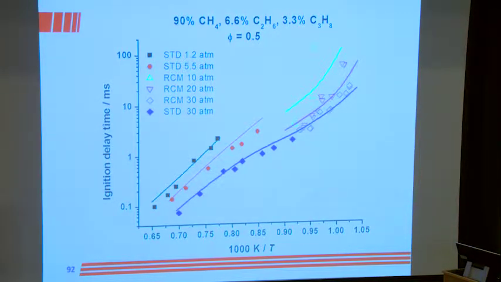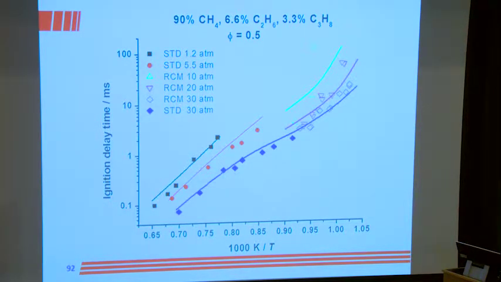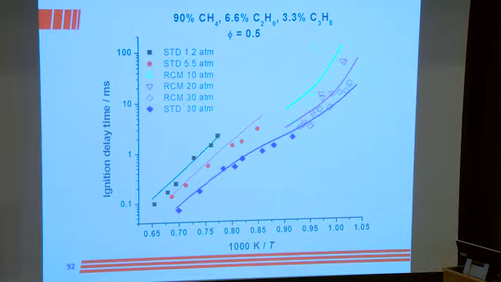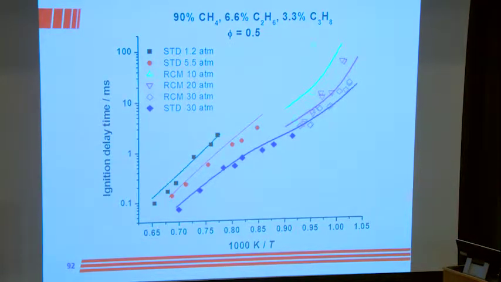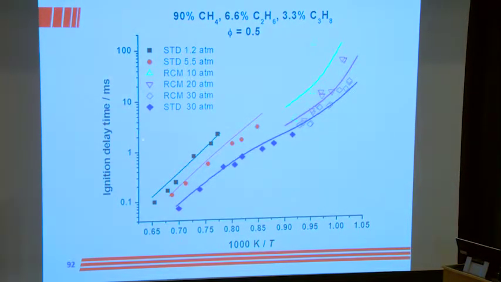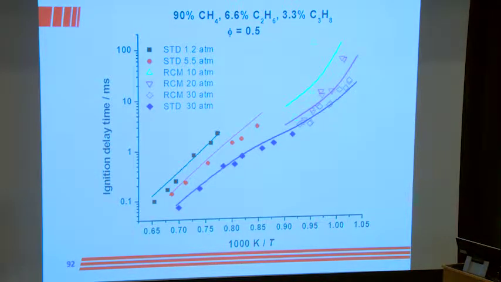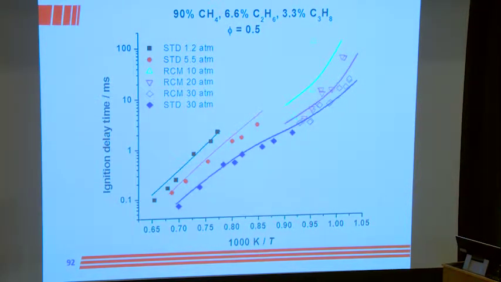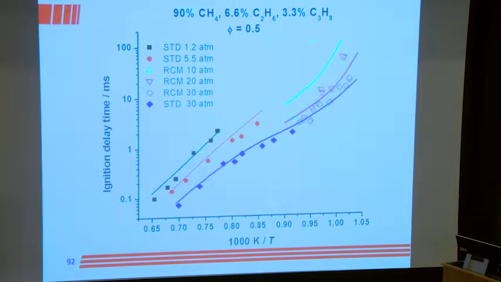Yes, you do get the temperature range, but it's as a result of the time scale that's available to you in the different facilities. In the shock tube, the time scale goes to about 1-2 milliseconds. And in the rapid compression machine, it ranges from about 5 milliseconds out to maybe 300, okay?